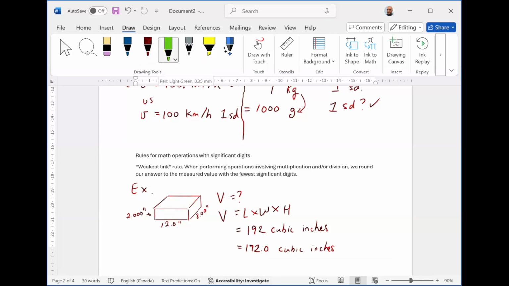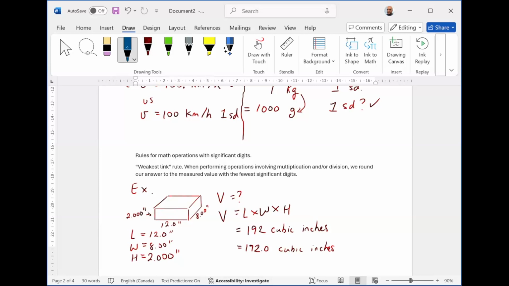Yeah. So the way we look at it is, if we were to write out our measured values, what we've been given, we have a length. Let's say the length, this doesn't really match with what you can see here, but let's say it's 12.0. The width is 8.00, and the height is 2.000 inches.